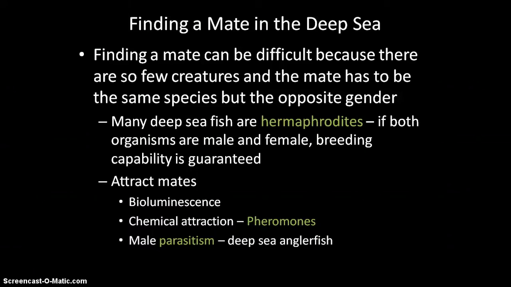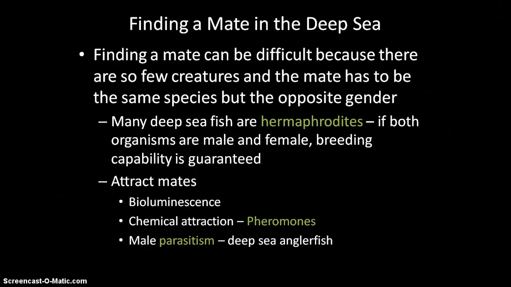They will also use different methods to attract mates, so they'll use bioluminescence to attract mates, or they'll use a chemical attraction in the form of pheromones, where the fish will release chemicals into the water that their species can smell. Or in an anglerfish, okay, it's weird, but it's true, they will do what's called male parasitism. So the male is much smaller than the female, and he will follow her pheromone trail to the female, and when he finds her, he will actually bite onto her belly and become a parasite on her for the rest of his life.